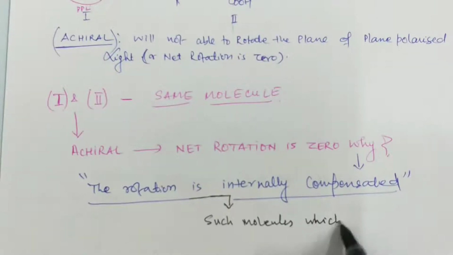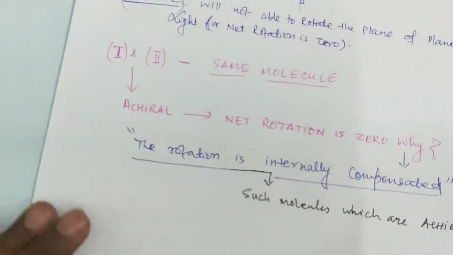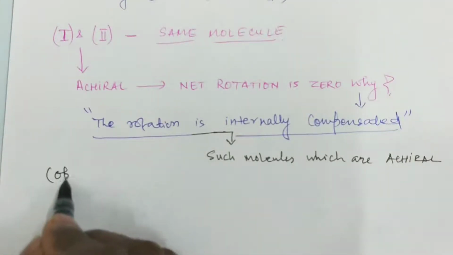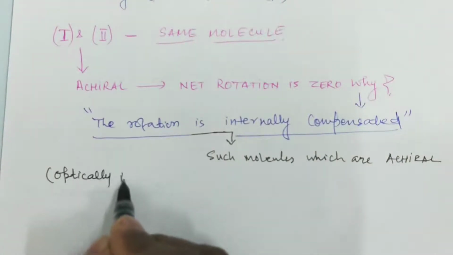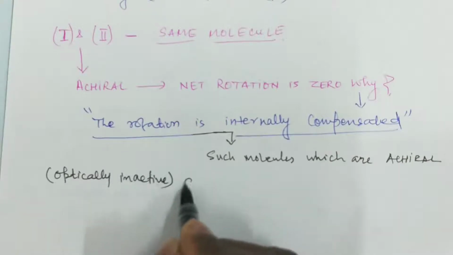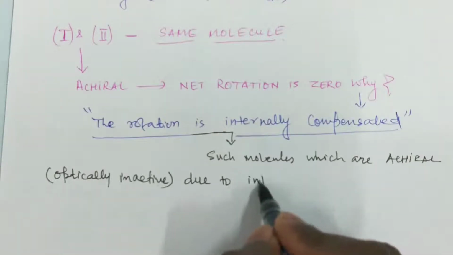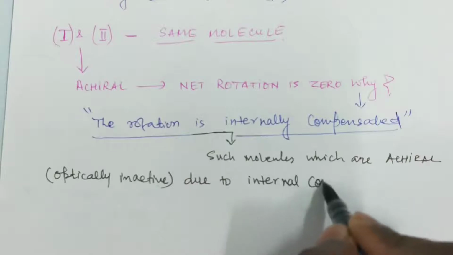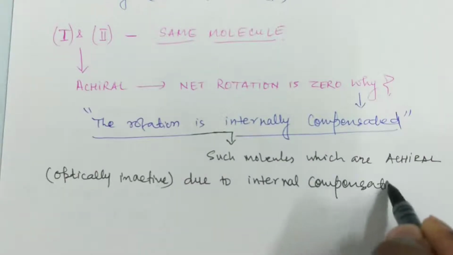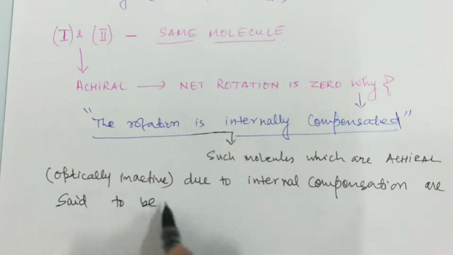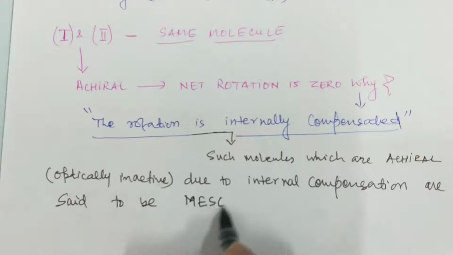which are achiral, meaning optically inactive due to internal compensation, are said to be meso compounds.